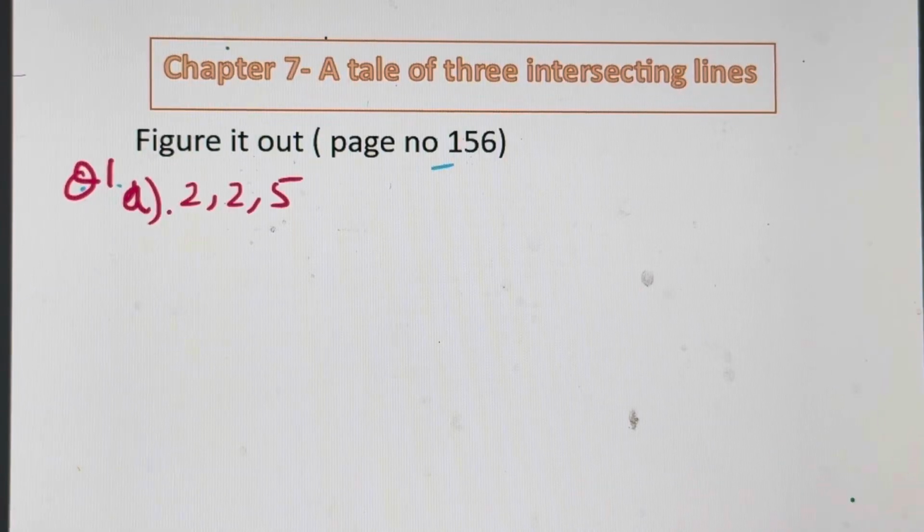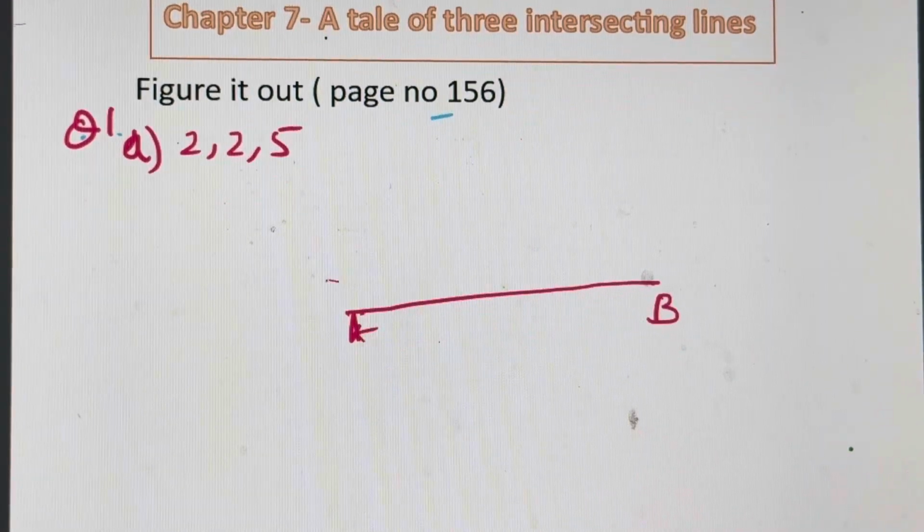Now the side lengths, the first question A, 2, 2, 5. Here we'll take the greatest side, that is 5 centimeter, as a base. So first we draw with the help of a scale a base of 5 centimeter and we mark it as A and B. Now what do we do? We take the circle.